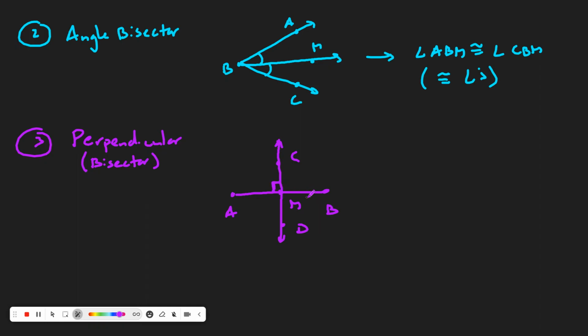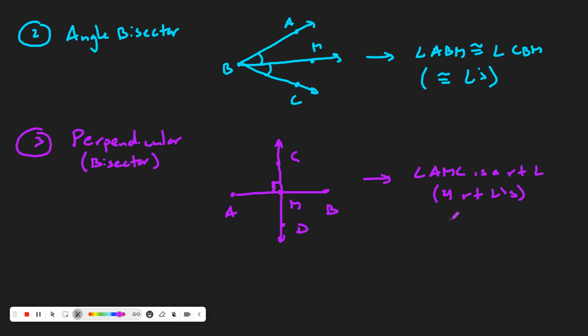That means those two objects are perpendicular. Perpendicular means it forms right angles. So in this picture, angle AMC is a right angle, which means all 4 of those angles are right angles. You really create 4 right angles.